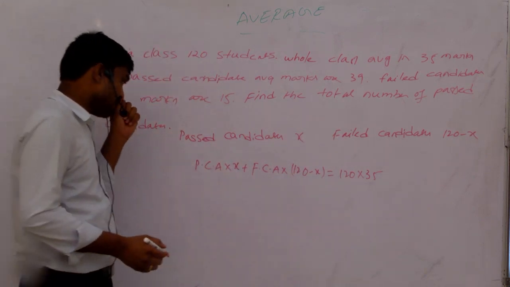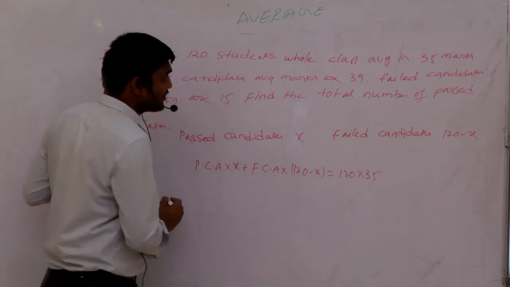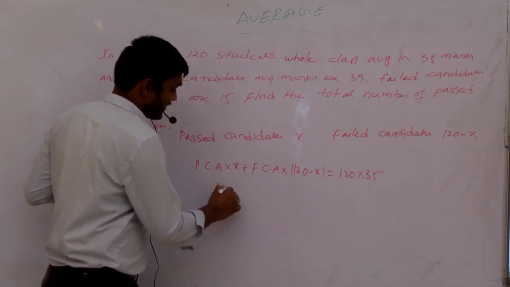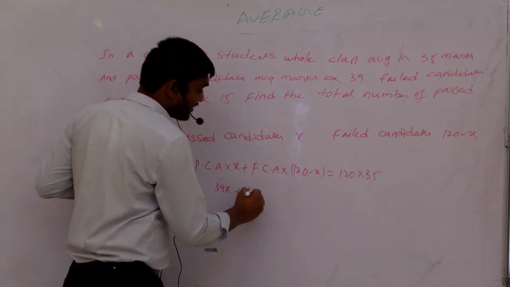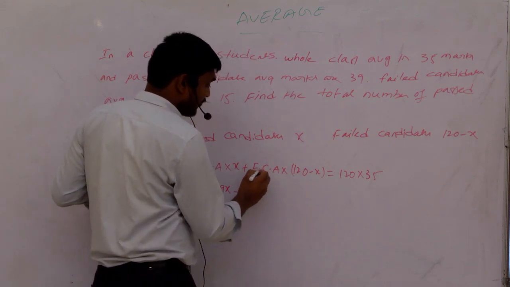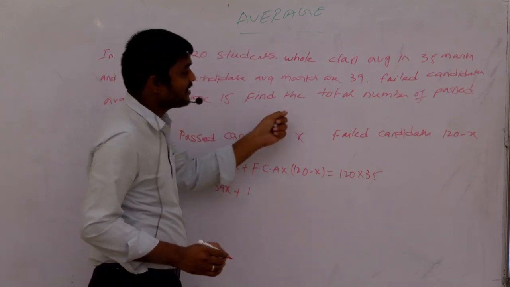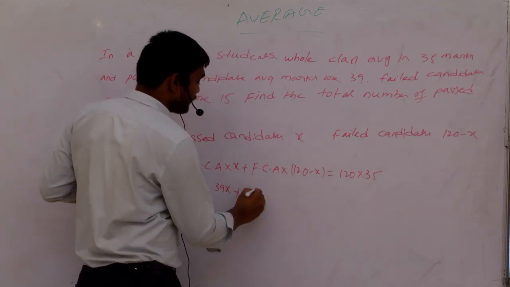So here the passed candidates average marks are 39x plus failed candidates are 120 minus x, with failed candidates' average marks 15.